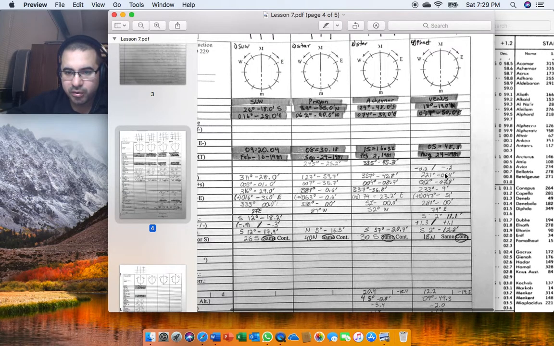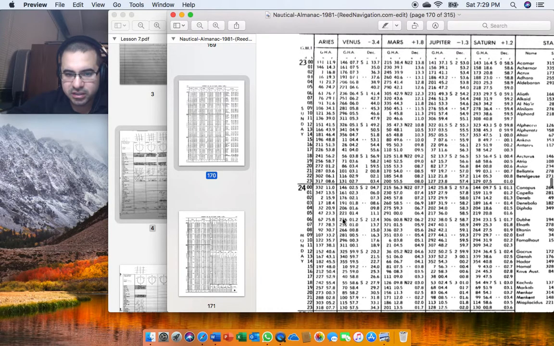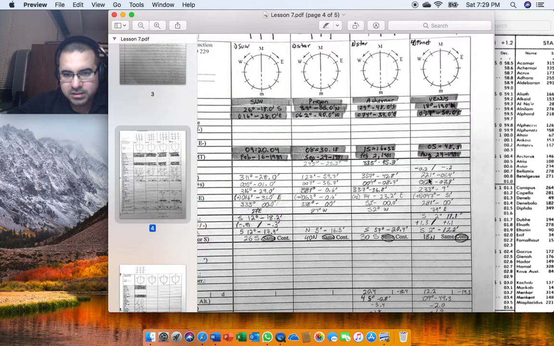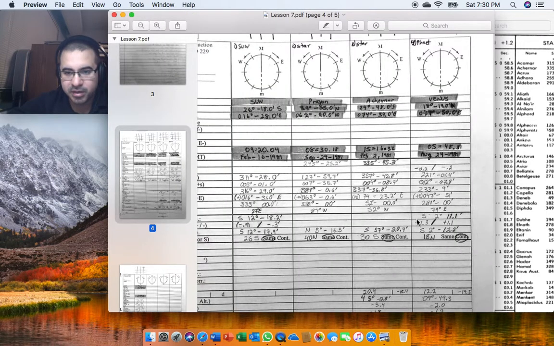And our correction is at 5 hours. It is going to be south 2 degrees 11.1. For planets you do need a correction, 2 11.1. It is going up, so it's gonna be positive, right?